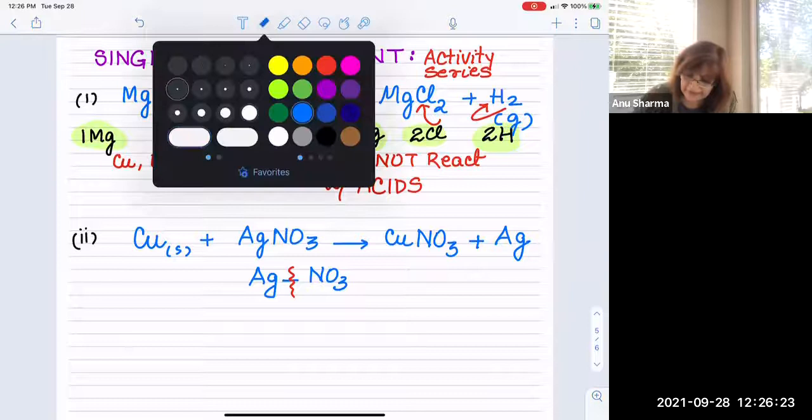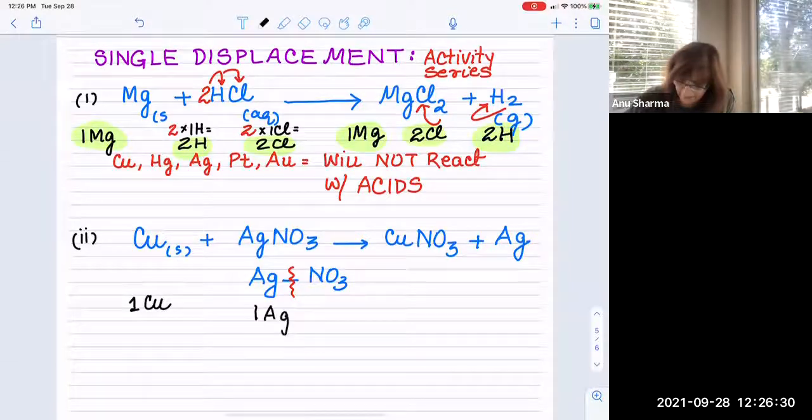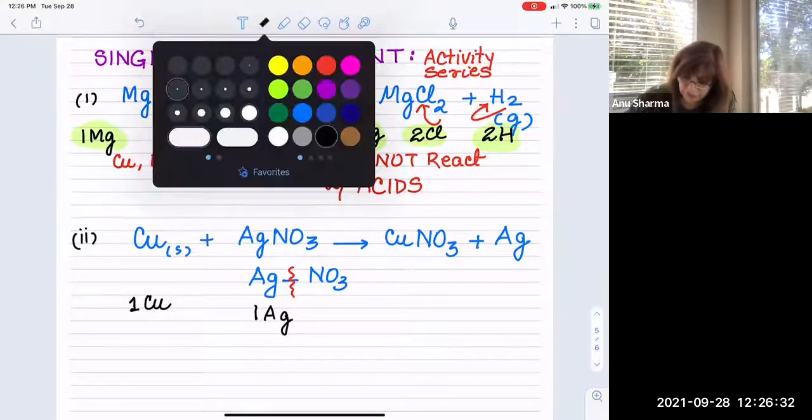If you look at the overall balancing, you have one copper reacting with one silver. Now keep the polyatomic ions intact for the most part.